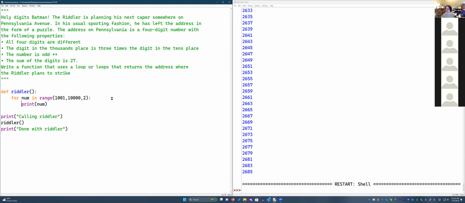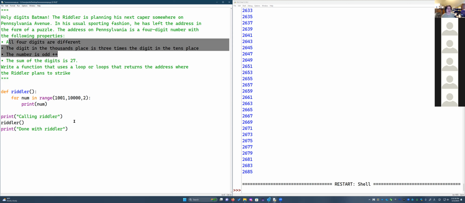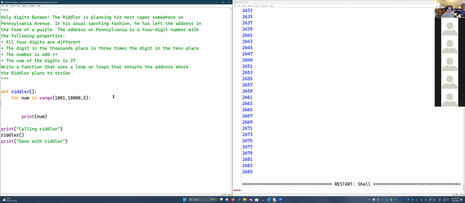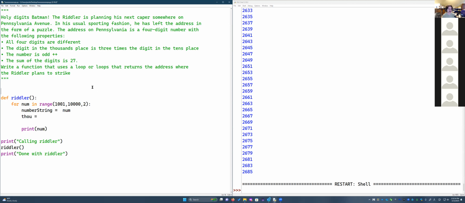One way we could do this is we could say number string is equal to num, and we could say thousands is equal to... it's not including the 10,000 because the ranges always go with this kind of mathematical formula, which is start, comma, end.